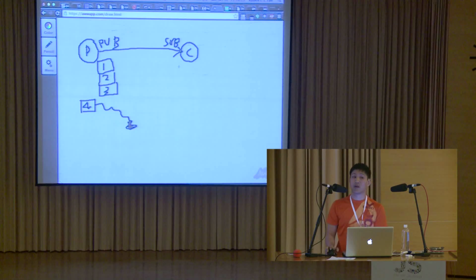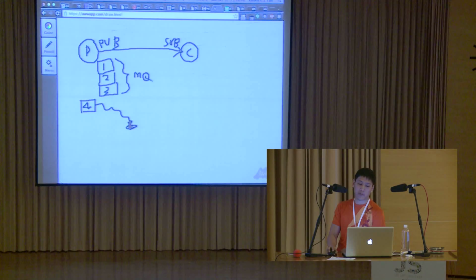This is a good illustration of how ZMQ works. You have a producer on one side, which is one component of your network, and you have a consumer on the other side. The producer sends something to the subscriber, and this part itself is the message queue, or you can call it a buffer.